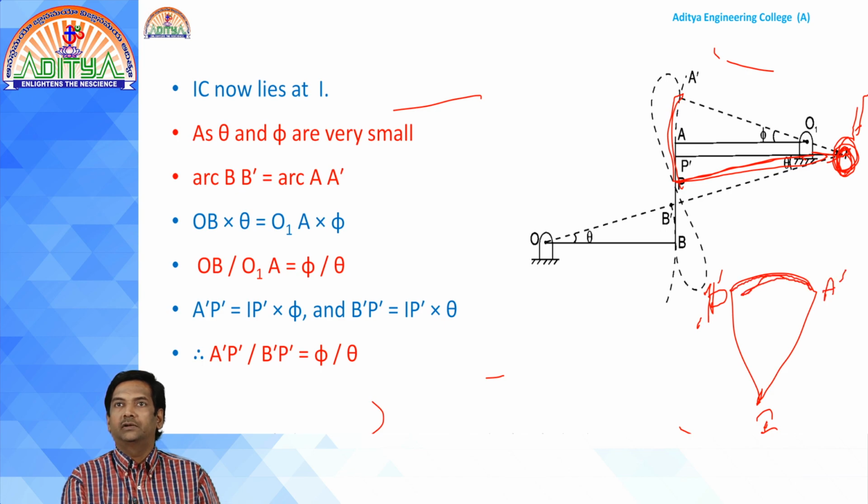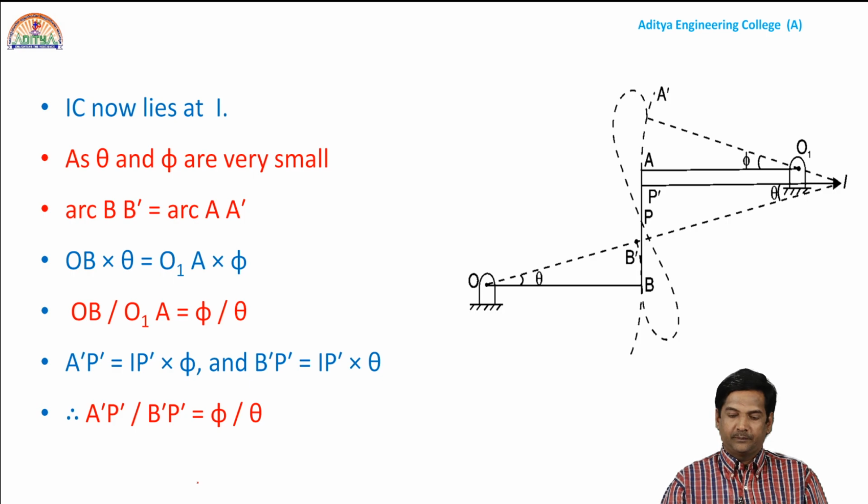What is the distance? This will become I P dash into phi. Similarly, we have B dash P dash, which is also equal to I P dash into theta. So now we get the relation that A dash P dash by B dash P dash will be equal to phi by theta.